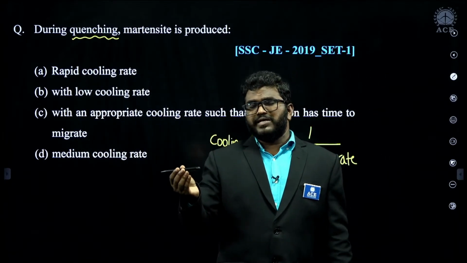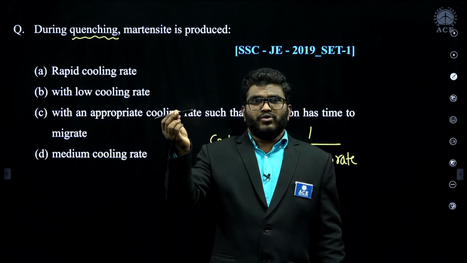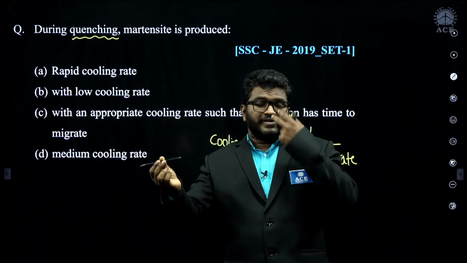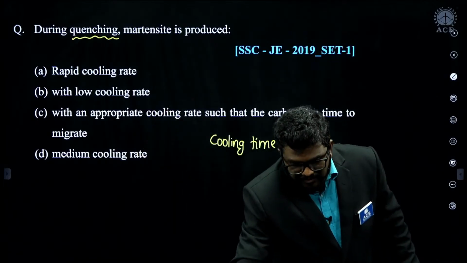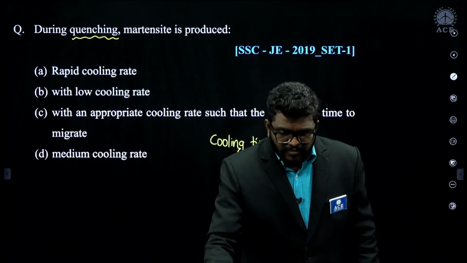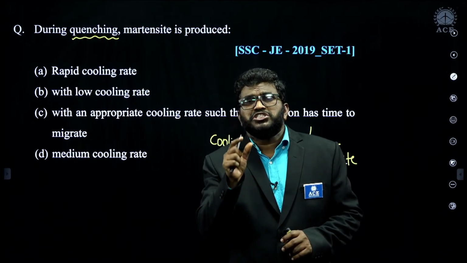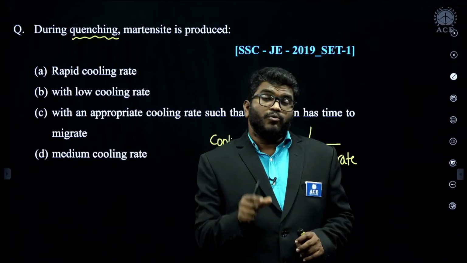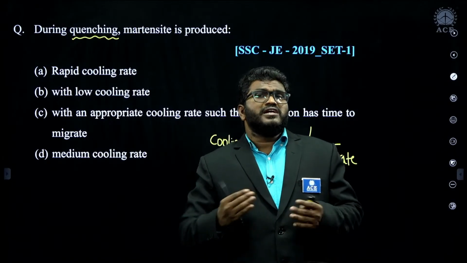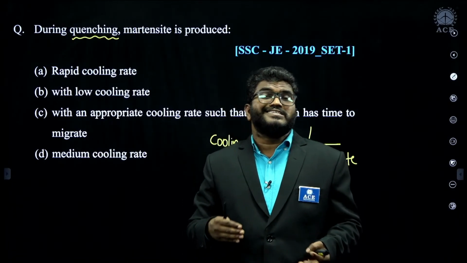Now listen, martensite is produced by quenching. Suppose this is a workpiece, and I am heating the material up to 900 degrees Celsius, then quenching in water. By quenching in water, the workpiece reaches room temperature in a short period of time. Cooling time is low, so cooling rate is high.